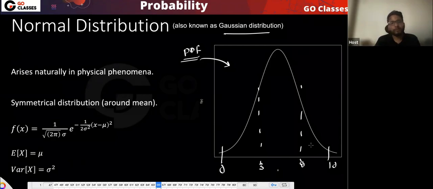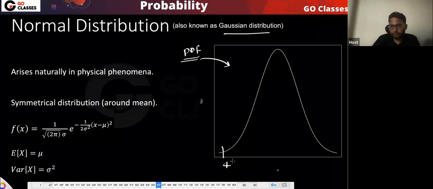You take anything. Maybe if I take another example, let's suppose the height of people, varying from, let's suppose, 4 foot 8 inch to maybe 6 foot 5 inch, something like that.